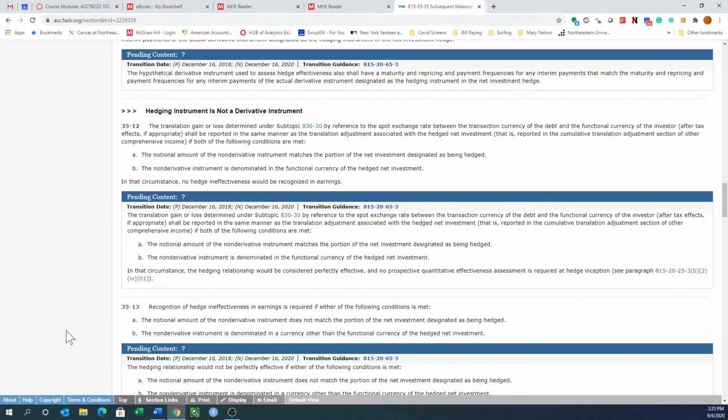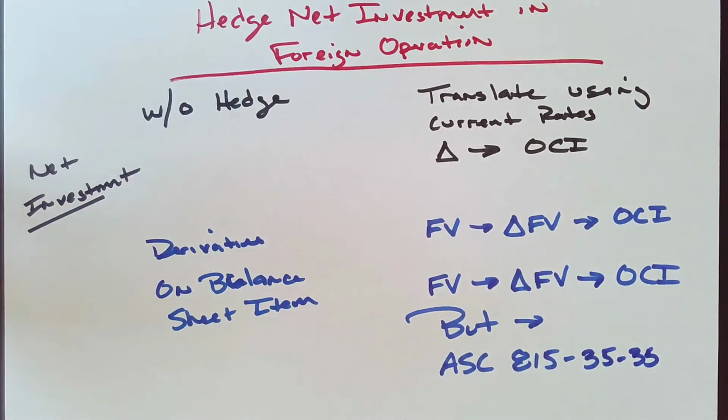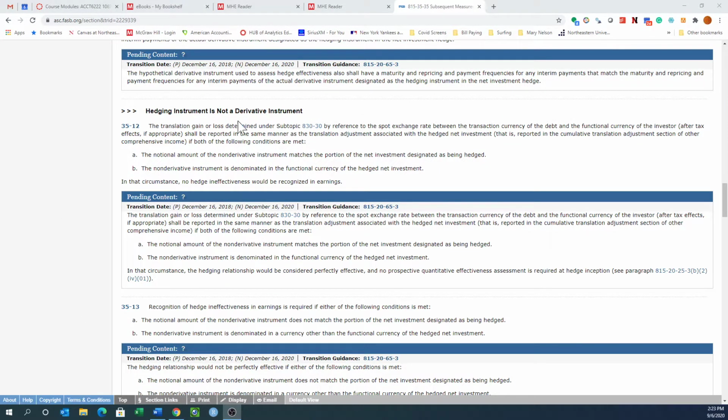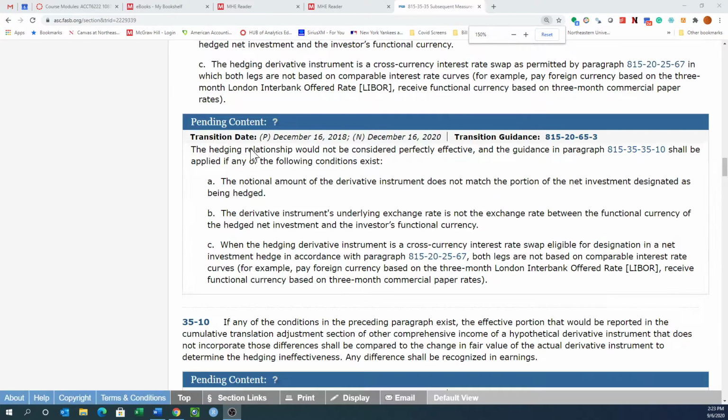All right, just take this off here for a second as I'm writing this. ASC 815-35-35-12. All right? We'll go back to that just to show it. And what does it say? Make it a little bigger.